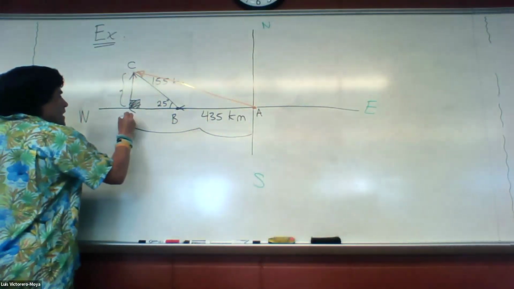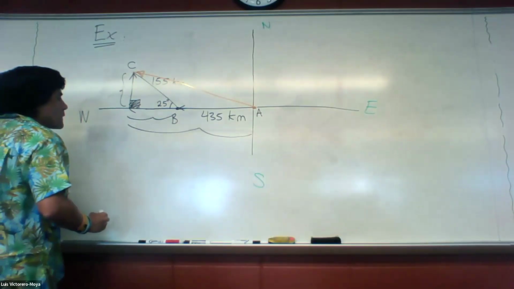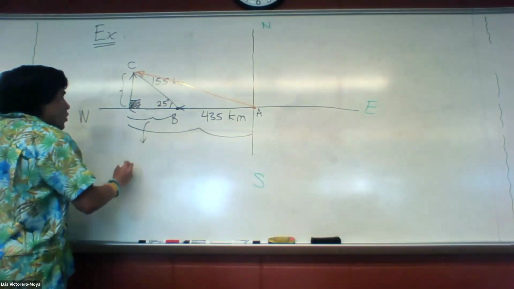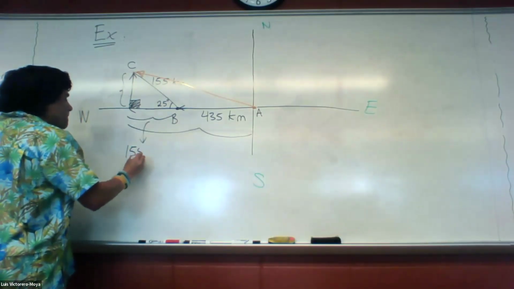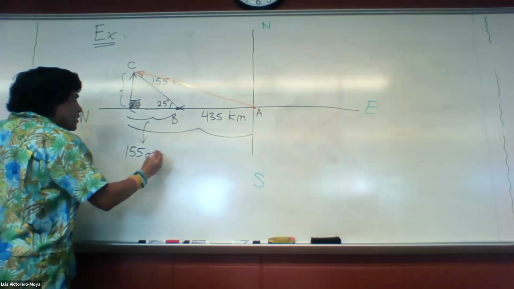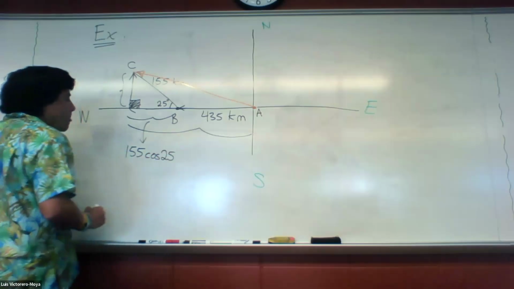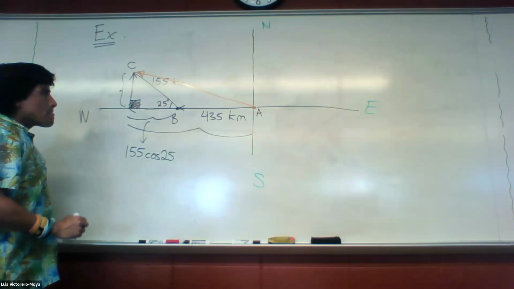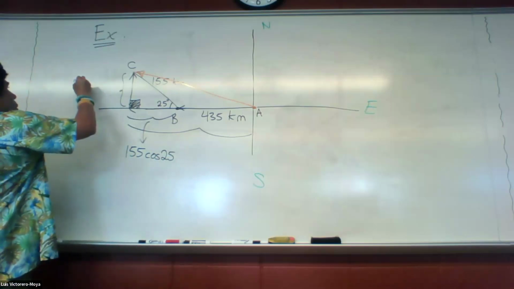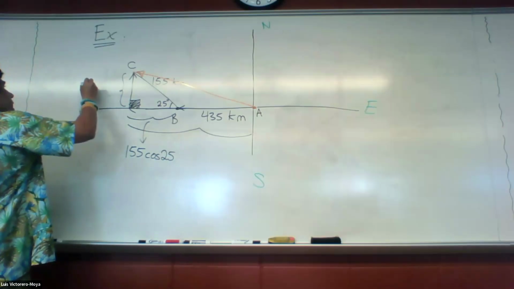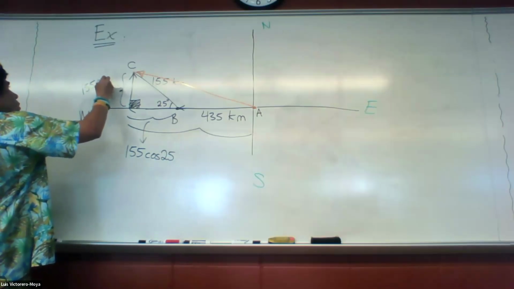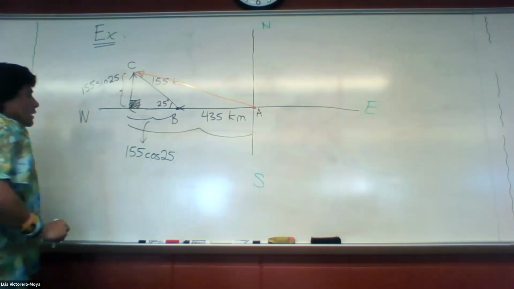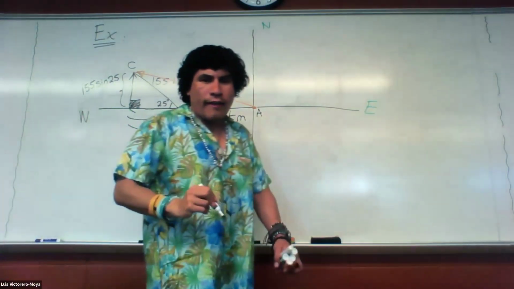So this little bit here is 155 cosine of 25. And this one here will be 155 sine of 25. Is that clear for everybody?